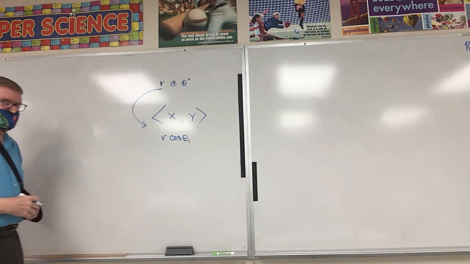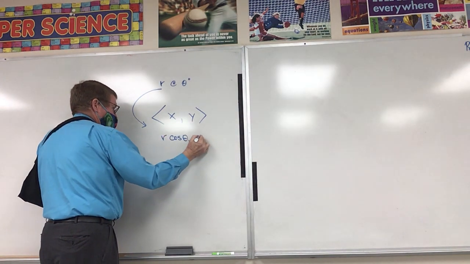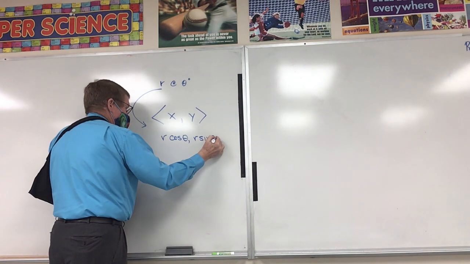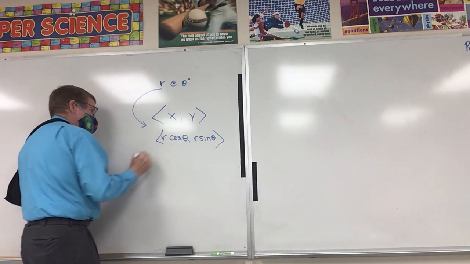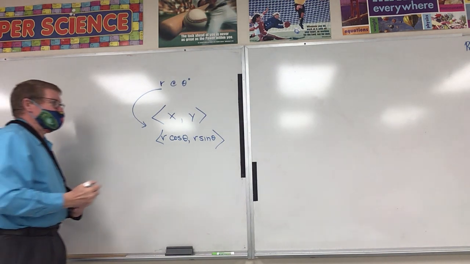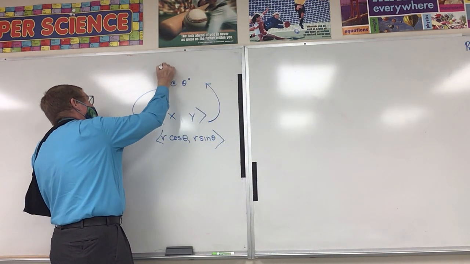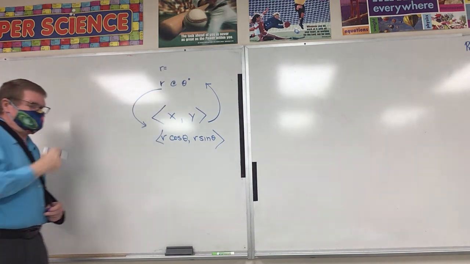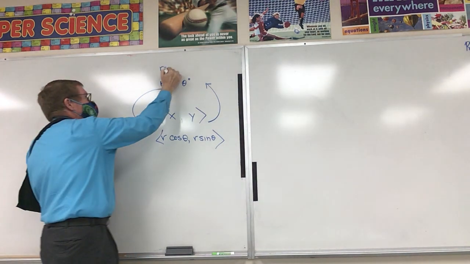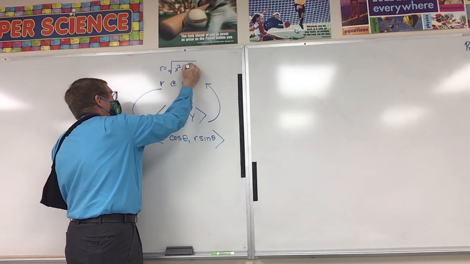R cosine theta. How do I find my Y value? Alright, to get from here to here, how do I get my R? Square root of x squared plus y squared.